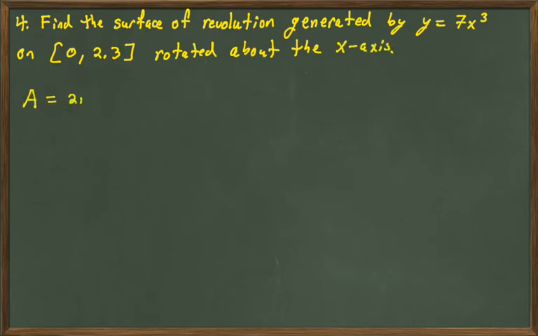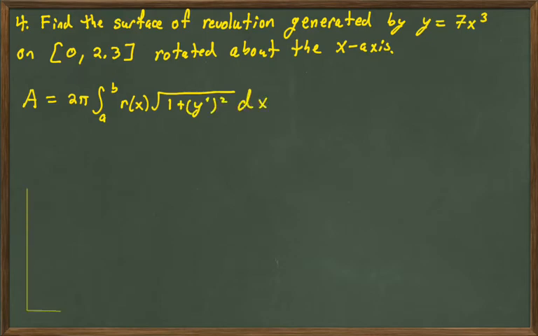So our surface area formula is 2 pi integral from A to B, r of x square root of 1 plus y prime squared dx. So we'll do a rough sketch of our 7x cubed, so there it is.